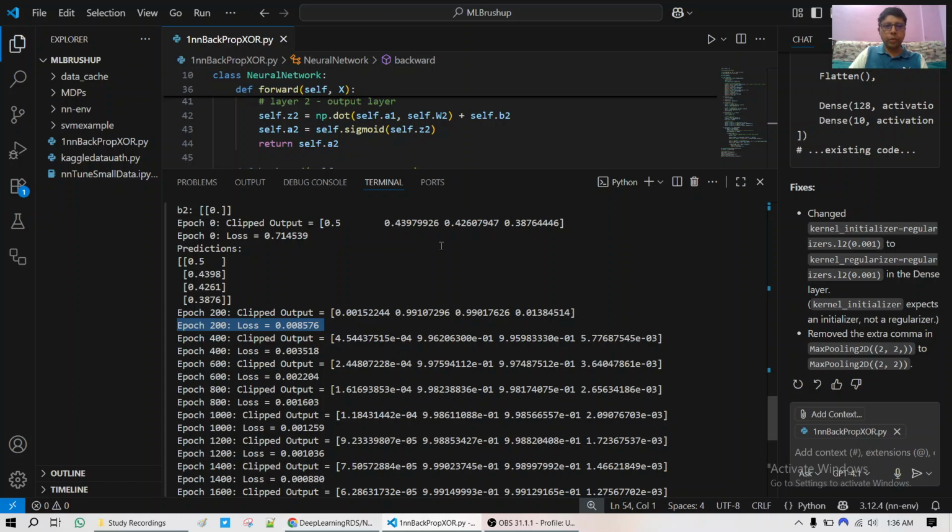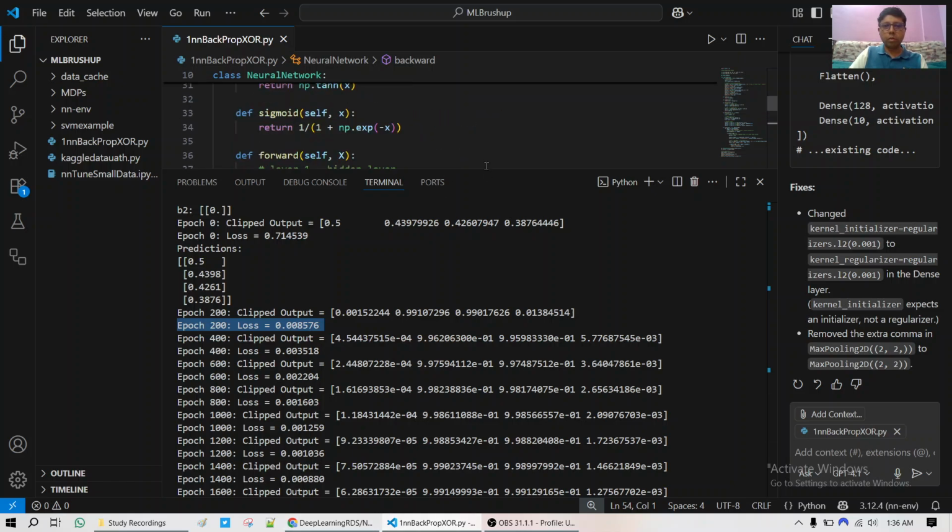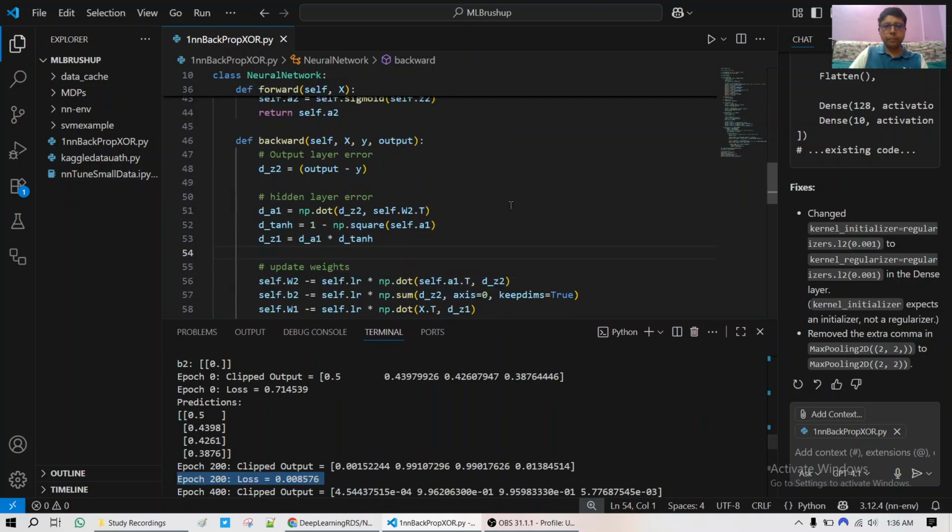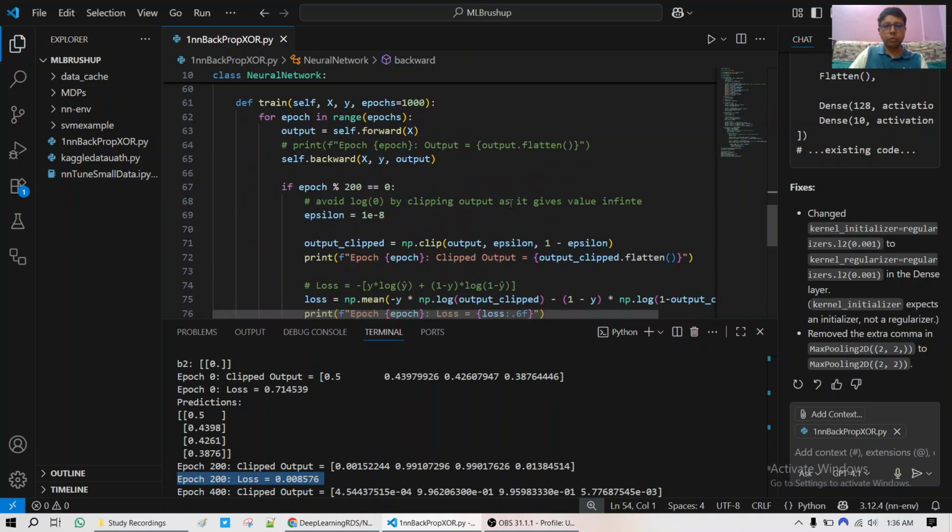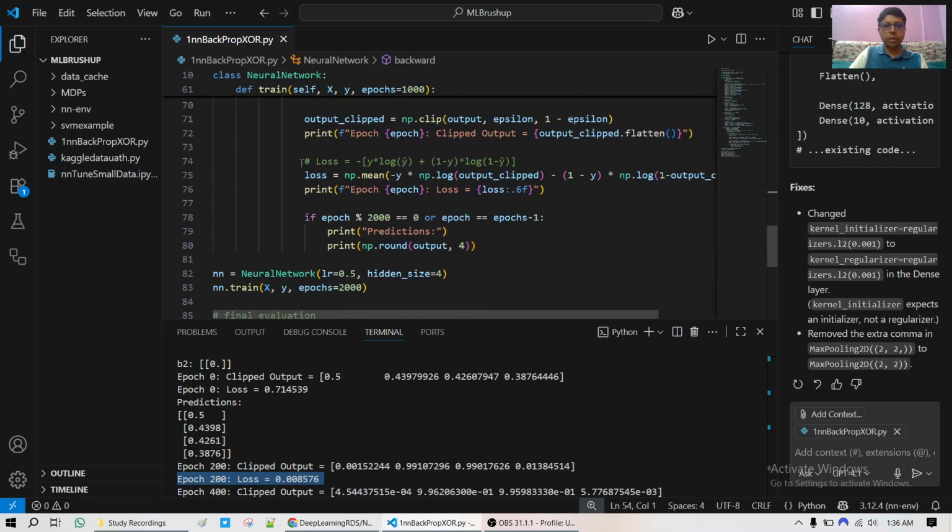We have the formula for the loss function here, as you can see. This is the formula for the loss function, that is the log of the predicted output and the target output.